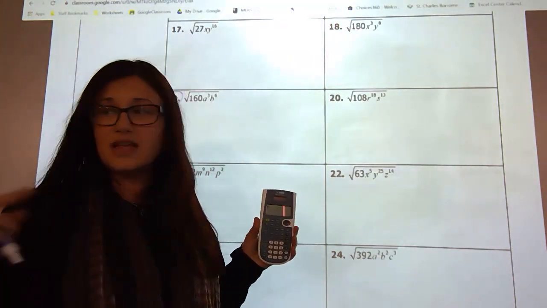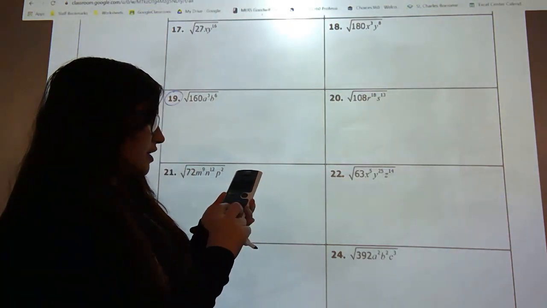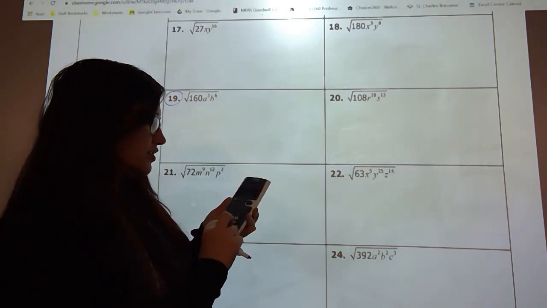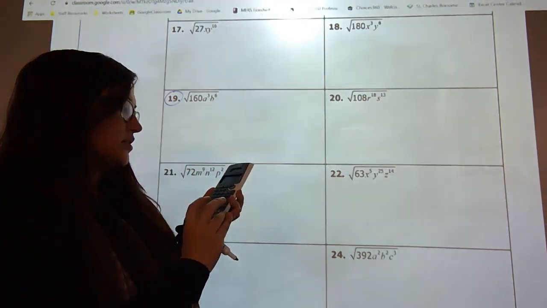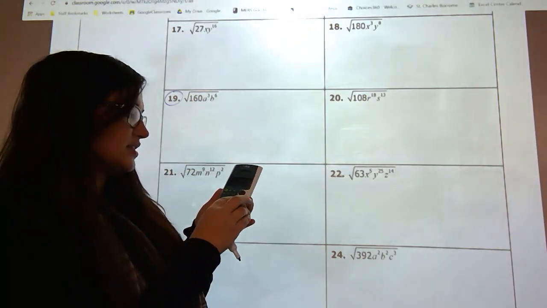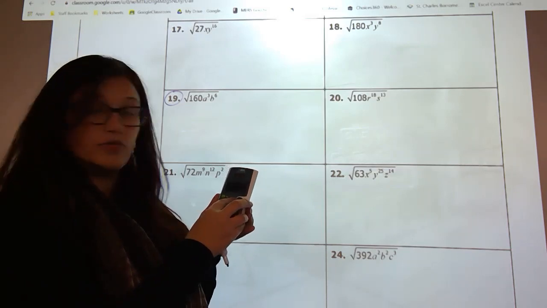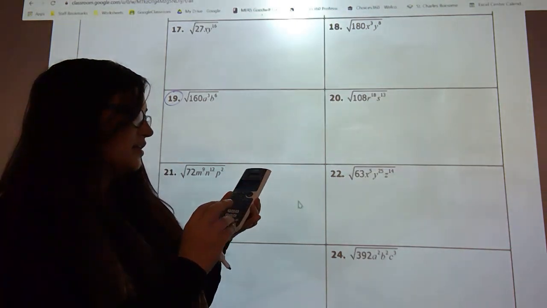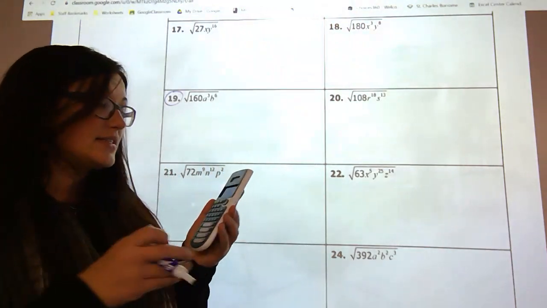I know 160 is not going to be divisible by 80. Is 160 divisible by 49? No. Is 160 divisible by 36? No. Is 160 divisible by 25? I know no for sure. What about 16? Yeah, 160 divided by 16 is 10.